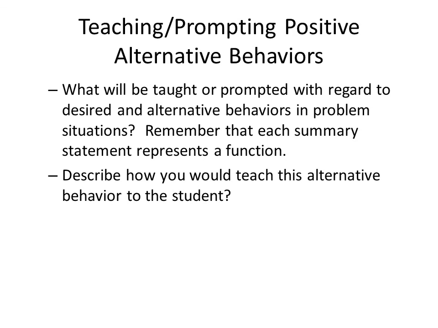What are the situations in which you would do that? And how could you best teach this new skill to the student so that he is going to start using this new skill instead of the problem behavior? So give this a little bit of thought. It doesn't have to be long. Again, I think you can do this in a brief paragraph.